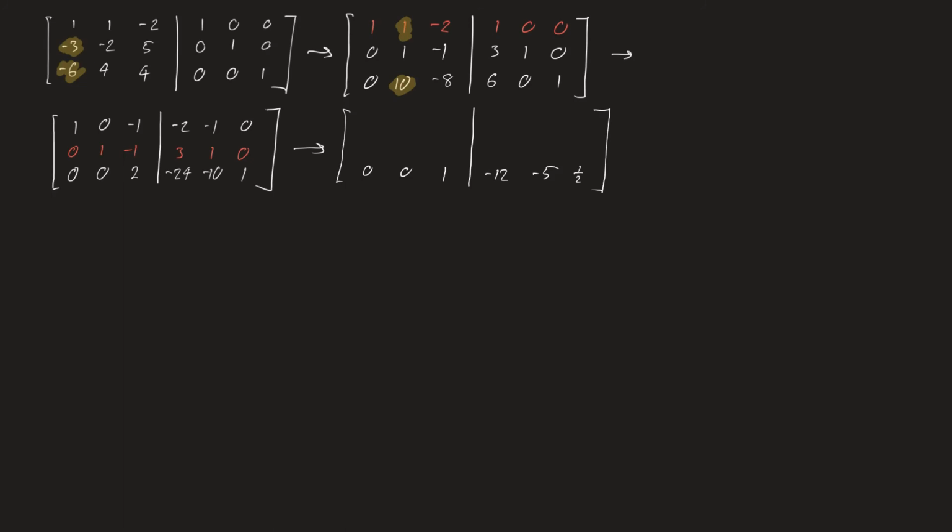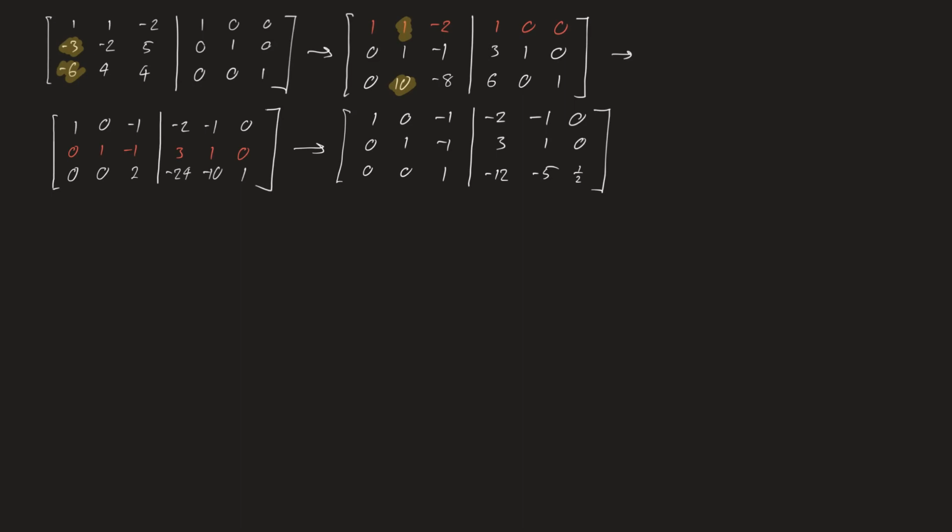Okay? And just so I can take it step by step, let me repeat everything here. So this is 0, 1, -1, 3, 1, 0, 1, 0, -1, -2, -1 here, and a 0. I'd say we're almost there, right?